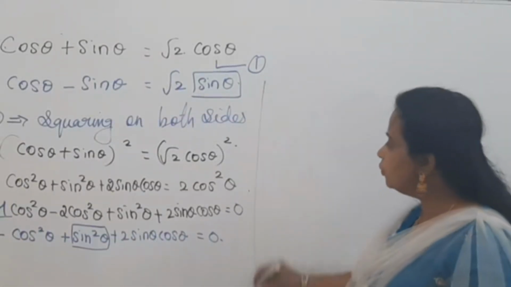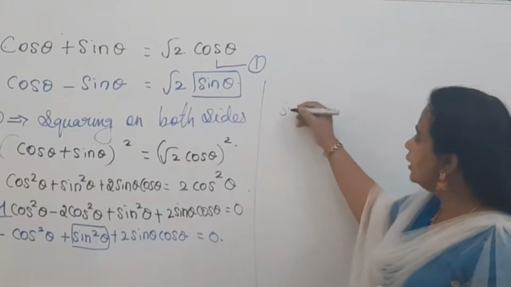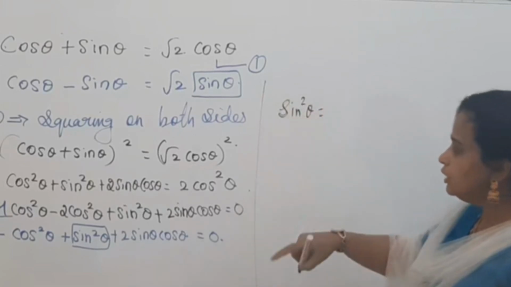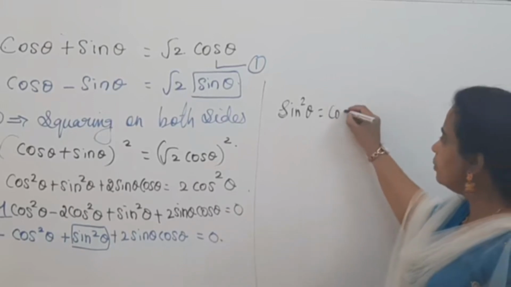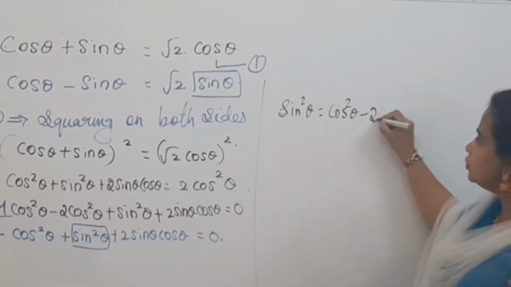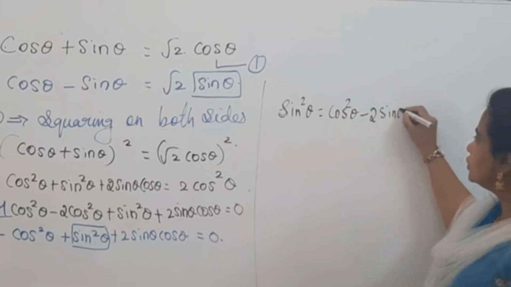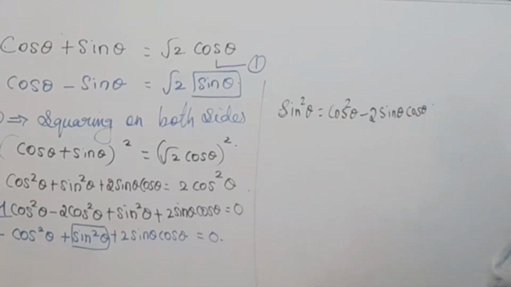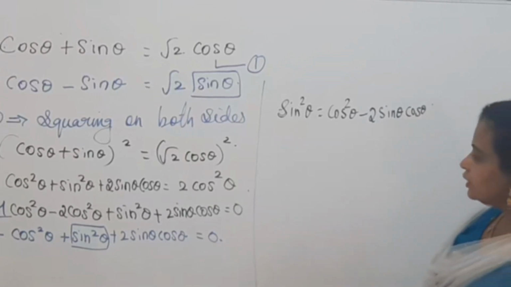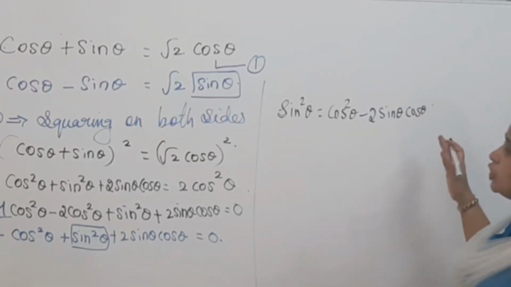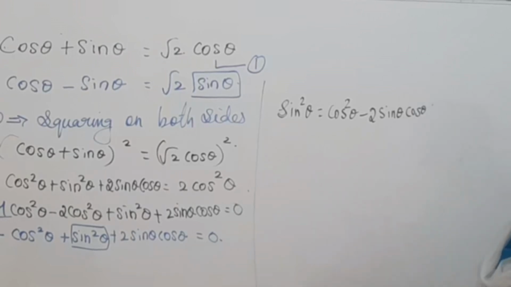So I will keep sine square theta as it is, which is equal to, this cos square theta goes to the other side, becomes positive cos square theta, and then minus 2 sine theta cos theta. Hope you get this point. That is sine square theta is equal to cos square theta minus 2 sine theta cos theta.